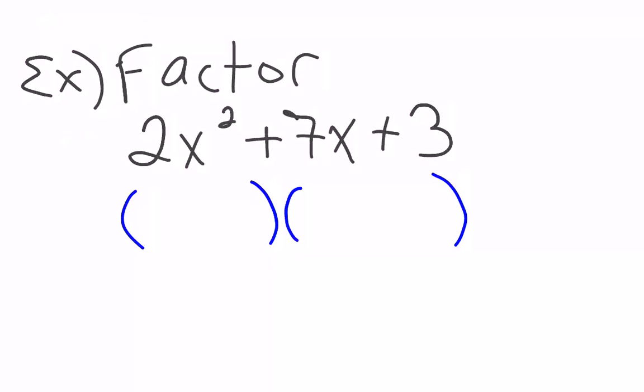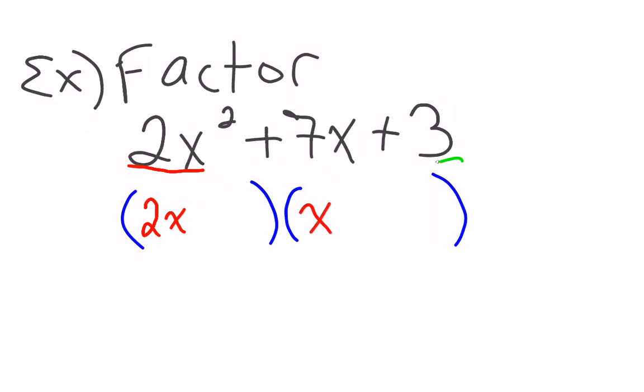We want to look at the first term here, the 2x squared, and figure out what two things multiplied give us 2x squared. So let's look at the coefficient first. To get 2, we have 2 times 1. To get x squared, we have x times x. So we will have 2x times x.